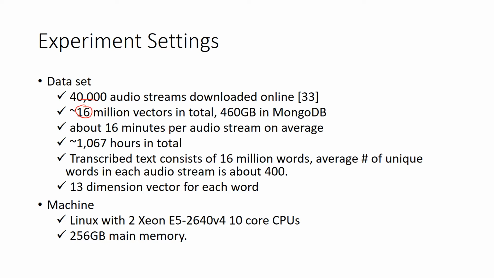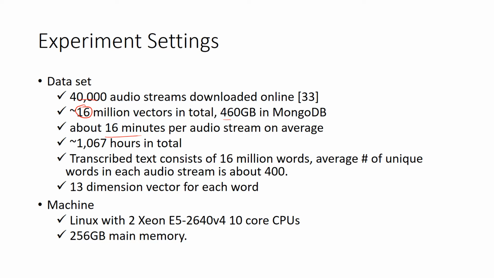In total, we have 16 million vectors, totaling about 460 gigabytes storage in MongoDB. There are about 16 minutes per audio stream on average. In total, the audio streams are more than 1,000 hours.